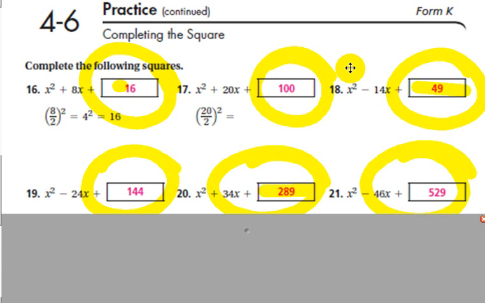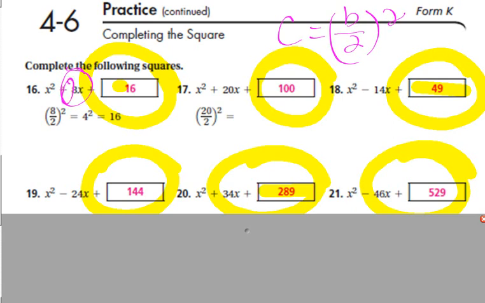So I'm backing up to completing the square. How do you complete the square? So when they give you an x squared and x term without the c term, how can you get a perfect square trinomial? Well, you look at your b term, and we said that the c term is equal to the b term divided by 2 squared. So let's do that. My b coefficient is 8.